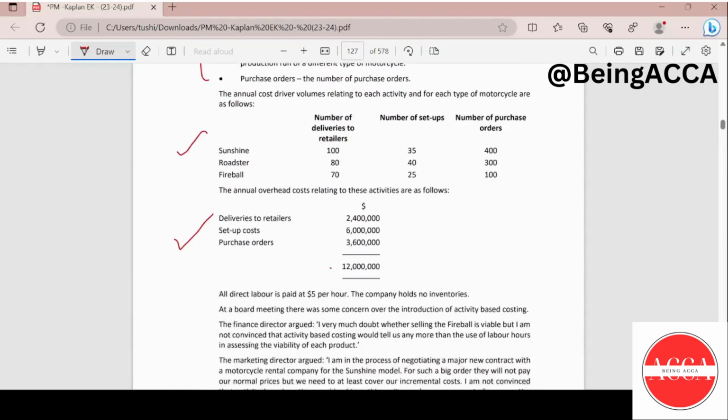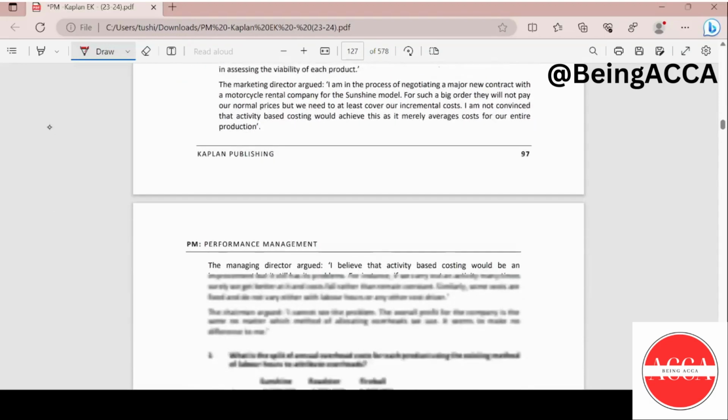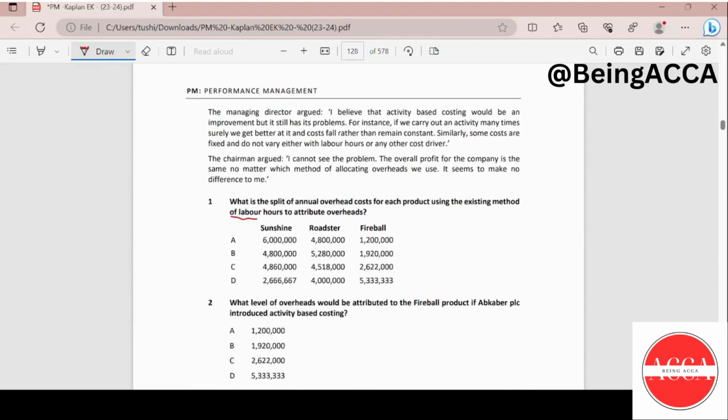So I'm just going to use this method of allocation and attribute the overheads in these ratios. The total was 12 million, and for the first one, it will be allocated as 200 divided by 500. You can take the entire numbers, 200,000 divided by 500,000, either way the answer would be the same, basic maths.